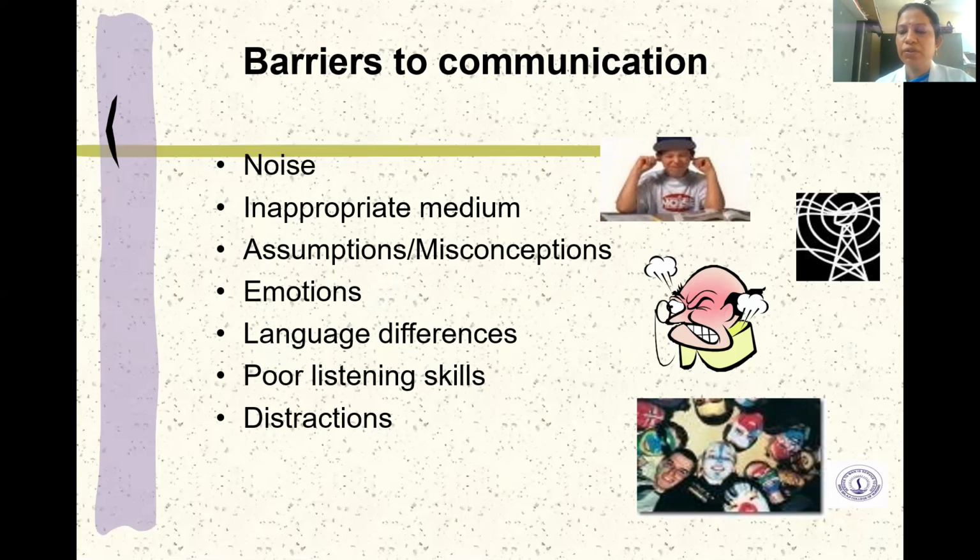So in a classroom, to have effective communication, the teacher should make sure that there is no external noise and no inappropriate medium. The teachers should speak only in English, and the assumption or misconception should be taken away by preparing well for the class with appropriate aids and by questioning the students in between, allowing the students to ask doubts and take part, and making the class more lively by making it a discussion session and not a one-way communication.